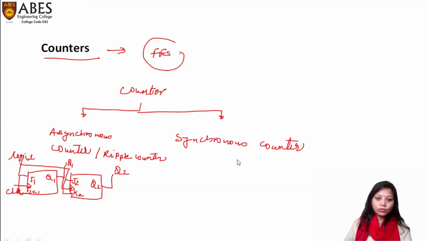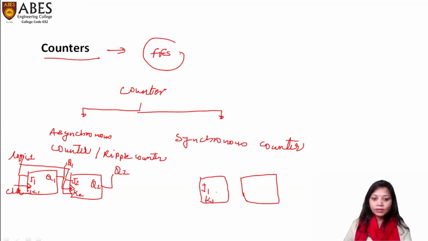Now, if we are making a 2-bit synchronous counter, in a synchronous counter we give the clock pulse to all the flip-flops. This is J1, K1, output is Q1, J2, K2, output is Q2.